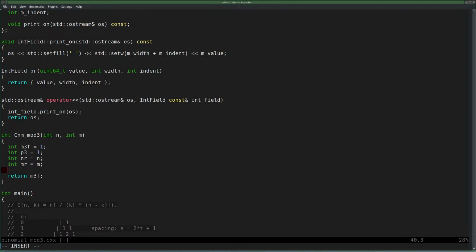Next I need a loop. I don't know what kind of loop yet. Then I need, I guess, an r divided by my power of 3 modulo 3.